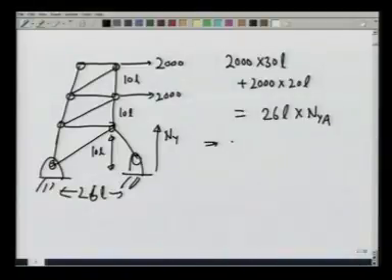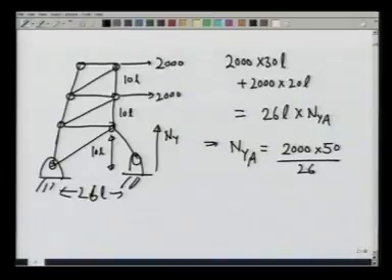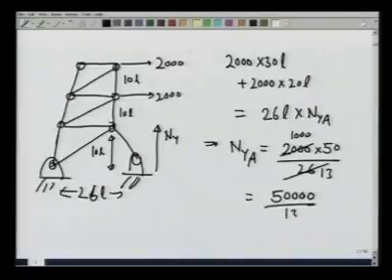and this gives me NAY at point A equals 2000 times 50 divided by 26, that is 50,000 over 13 newtons in the direction shown.